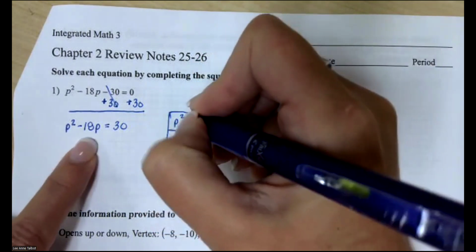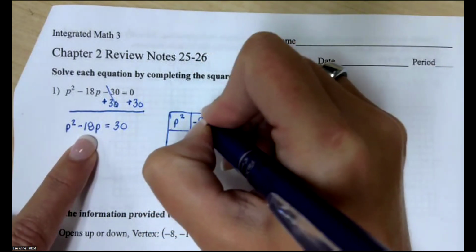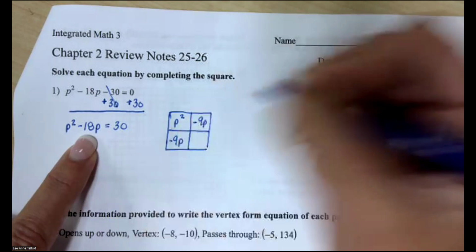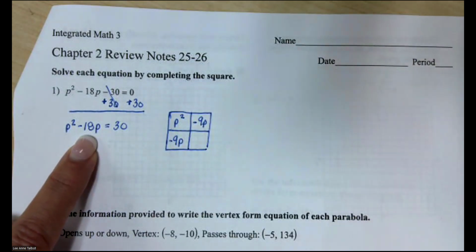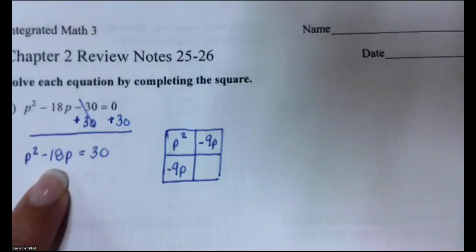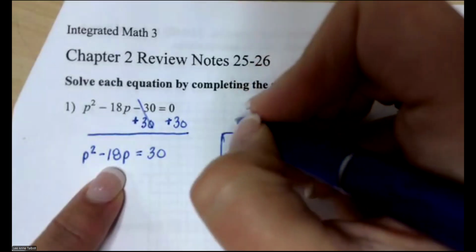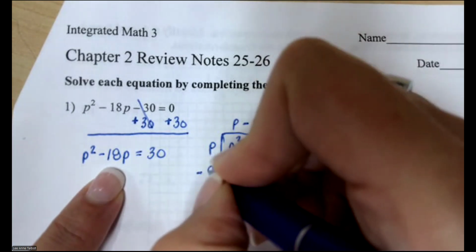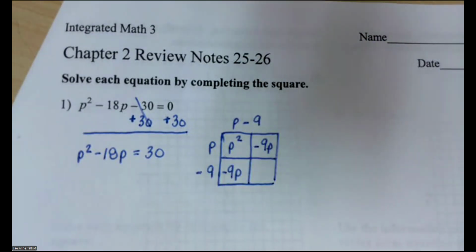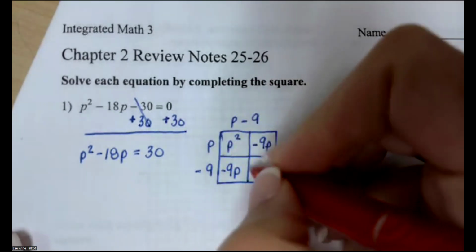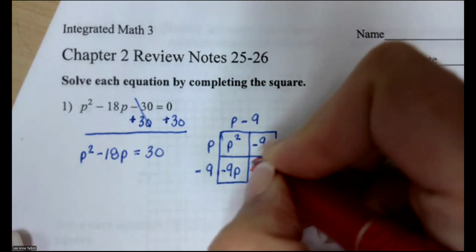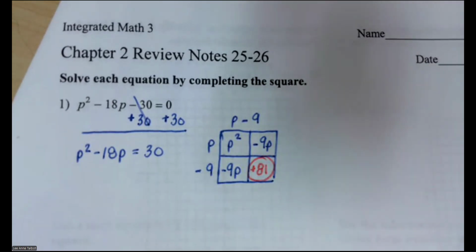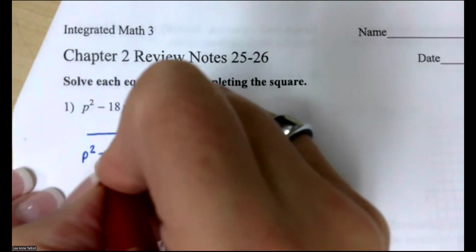So p squared, negative 18p, so this is going to be negative 9p in each box. That makes sense so far. Okay, and then p minus 9, minus 9. So the constant is 81.